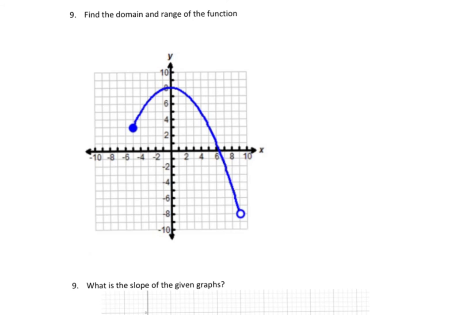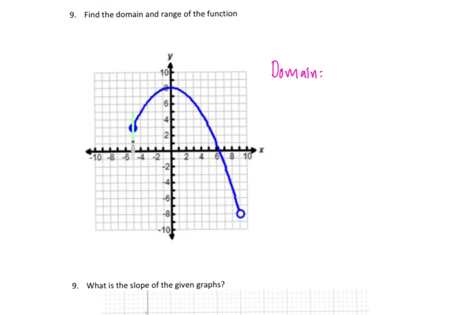Question 9 wants us to use the function on the graph to find the domain and the range. So the domain, remember, will be the x values. In this case, it's going to be a range of x values that x can be equal to. So I'm going to start here and sweep along the x, from the negative to the positive.